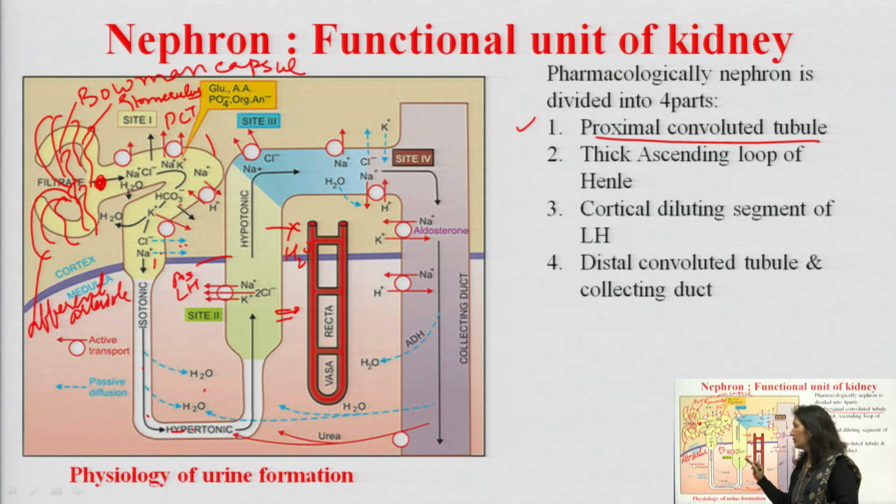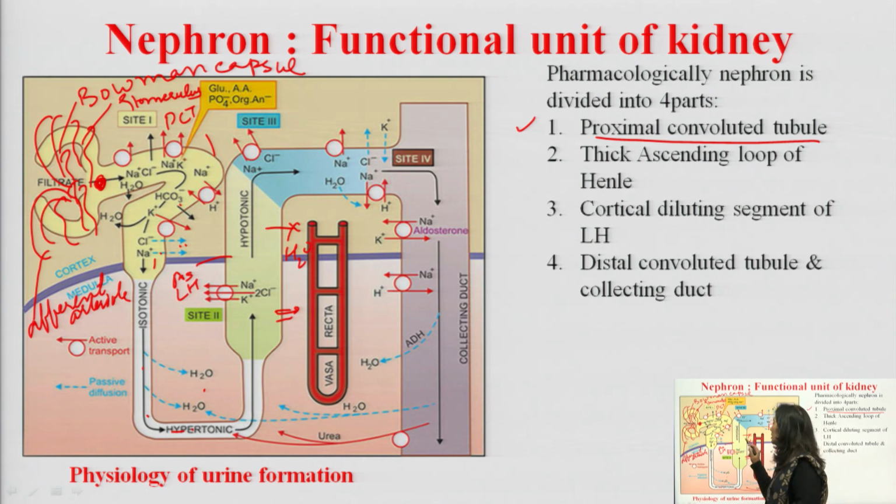Remember this, because this is the important site for diuretic action. This sodium potassium 2 chloride transporter is present on the ascending loop of Henle, and this site is responsible for 25% of sodium ion reabsorption.